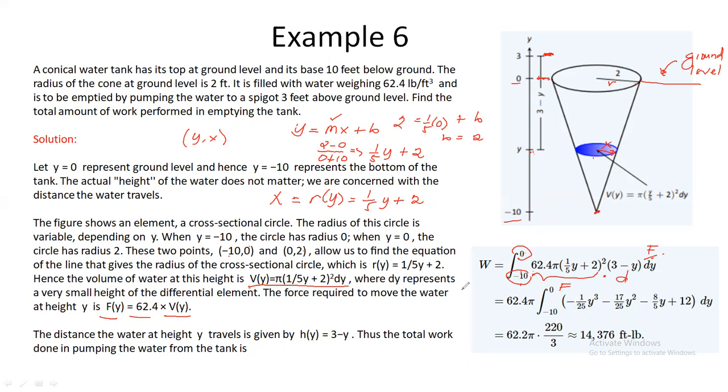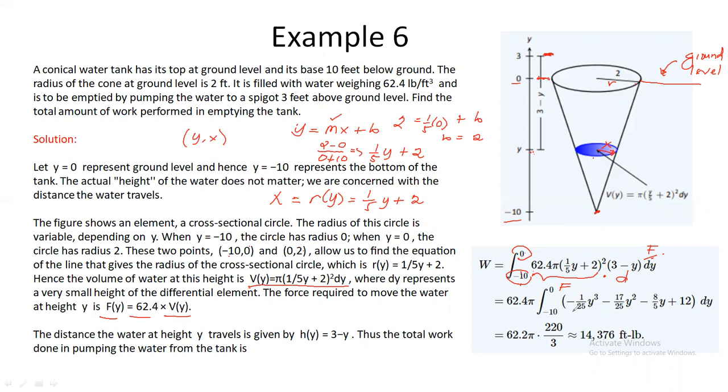You need still to perform power rule on this expression and substitute the limits -10 to 0. So the total work in pumping the water inside this conical vessel or tank is 14,376 foot-pound force. So it's understood to be pound force.